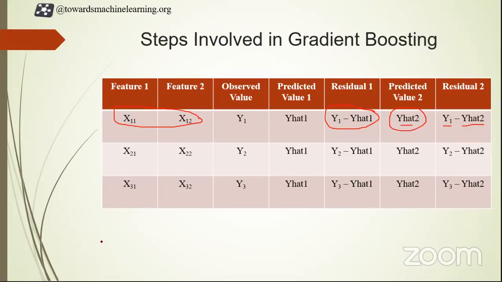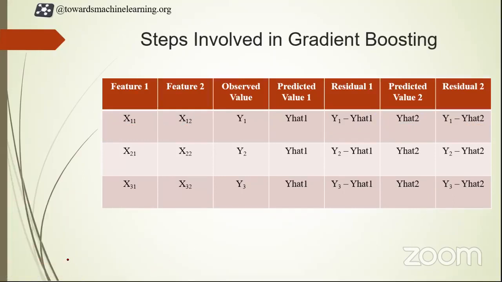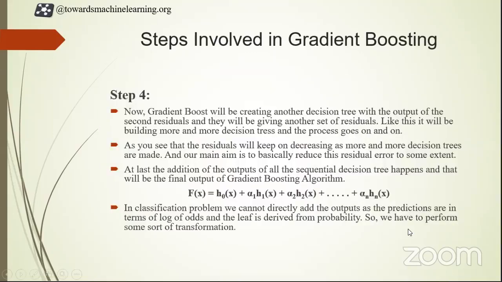Now let me remove this link. So I guess this is clear to everyone. After building all the trees and calculating the residuals, gradient boost adds the output of all these trees together.